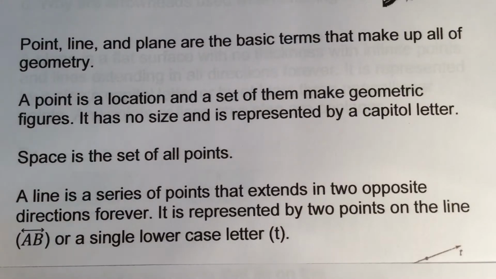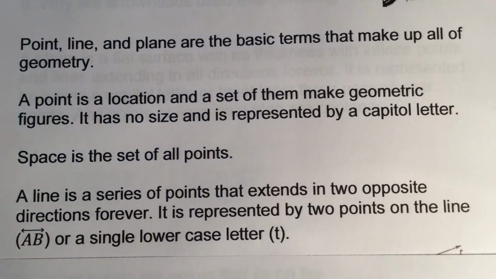Now, a line is going to be a series of points that extends in 2 opposite directions, more importantly, forever. That's why we put the little arrows on the end. It's going to keep going on and on, in complete opposite directions forever. Now, when we represent a line, we use 2 points that are on that line.